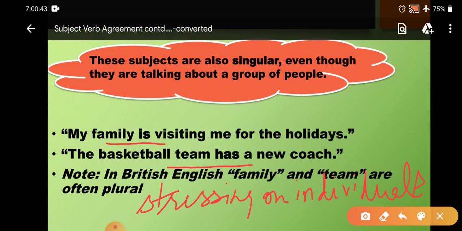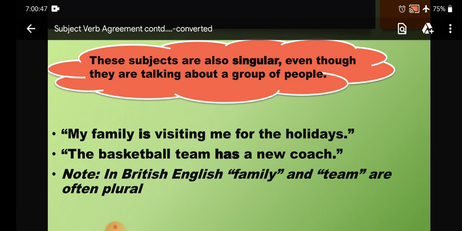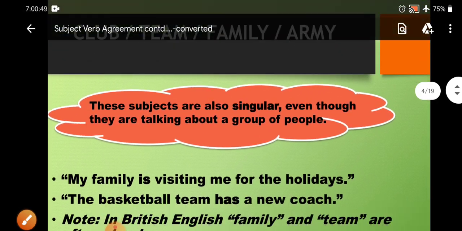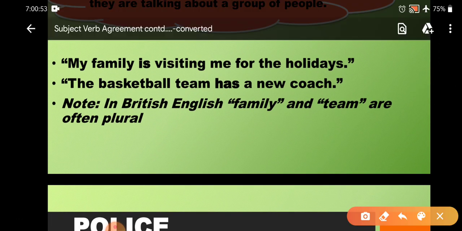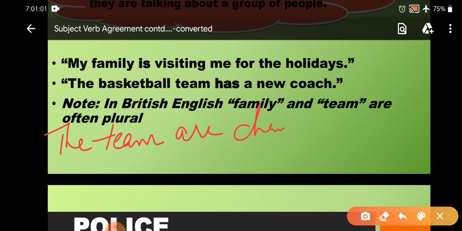Now, this word team, how would you use it in plural form? Just think about it. I'll write it down here. The team are changing in the dressing room.